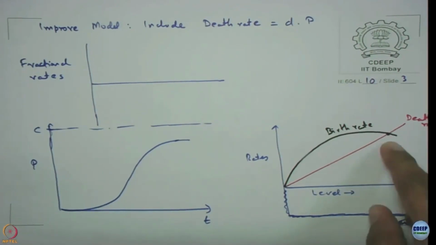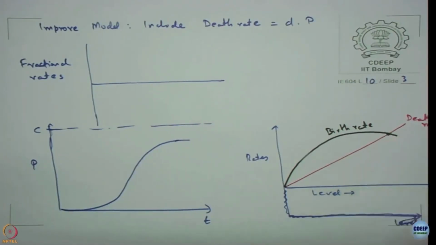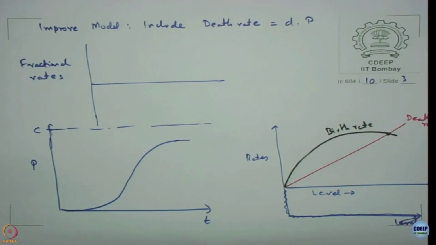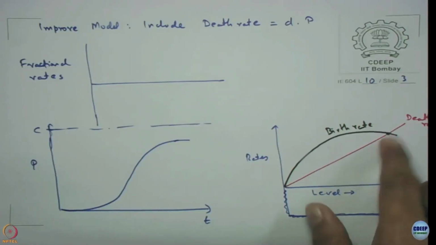That means at that point the net rate has to be 0, because when the system attains equilibrium, birth rate has to be equal to the death rate. Earlier, it attained equilibrium when the net birth rate became 0, but here it will attain equilibrium when birth rate is equal to the death rate, right. That happens at this point.